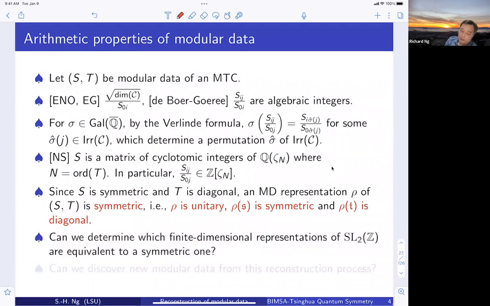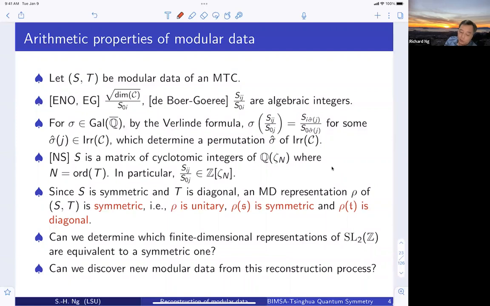So the point is, we know that every MD representation is symmetric. Then you ask, how can you characterize symmetric representations? And can we use symmetric representations to discover new modular data, for example?